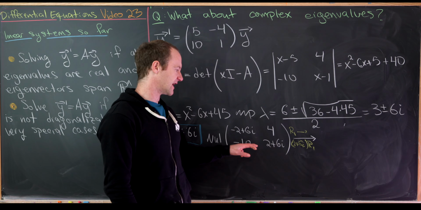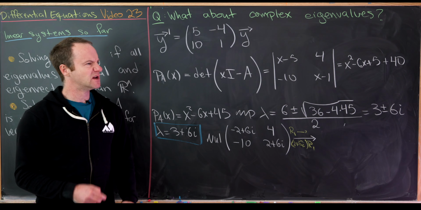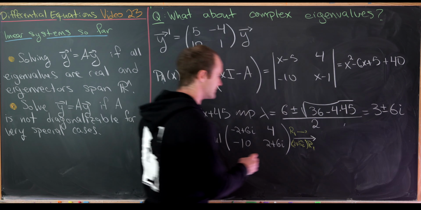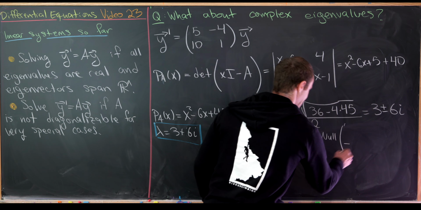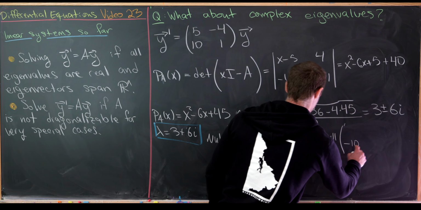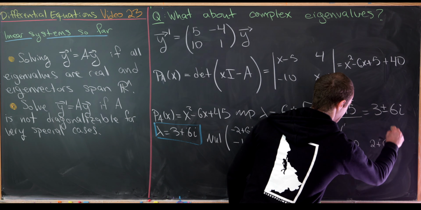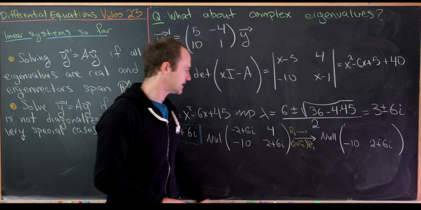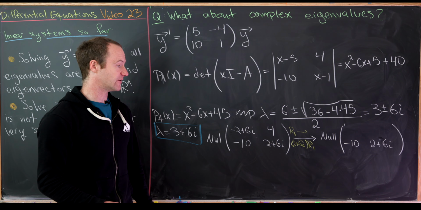The motivation for that is I'd like to get the complex numbers in our second column, so that we can combine everything a little more easily. So we'll have the null space of, I'll copy my second row down, negative 10, 2 plus 6i. And what will be in my first row? You can check that 2 plus 6i times negative 2 plus 6i is negative 40.